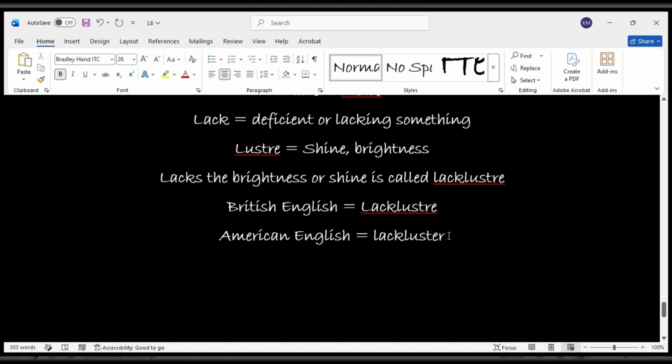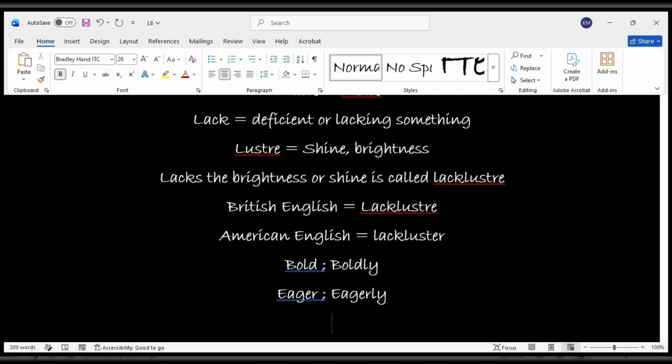Okay, and as you know, we form the adverb from adjectives, like bold is an adjective and we form its adverb by adding ly, like eager is an adjective, and what we do, we add ly to eager, and it becomes an adverb.